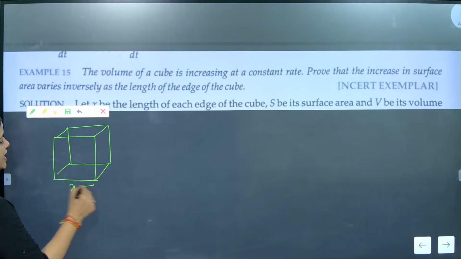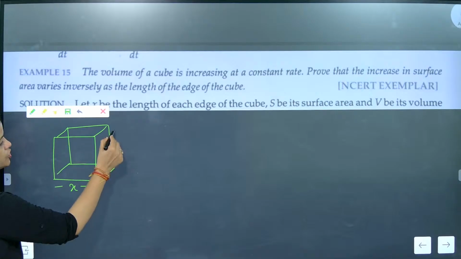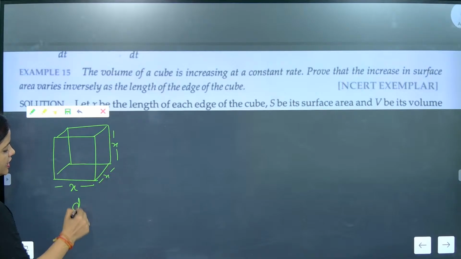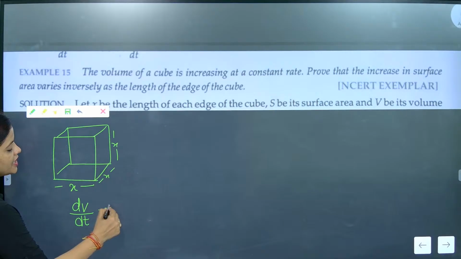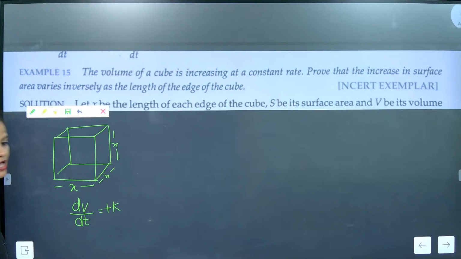So we take x as the length of each edge of a cube. Now beta, what are they telling? The volume is increasing, so the volume increase can be written as plus k, because increasing means plus k will be written. Decreasing means it will become minus. Increase means plus, decrease means minus. So now we have written that the volume is increasing at a constant rate.